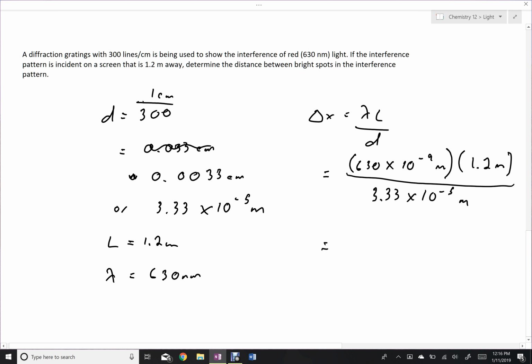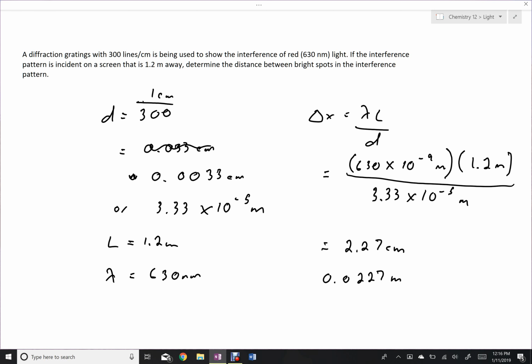And all this works out to be 0.0227 meters, or 2.27 centimeters. So diffraction gratings are useful.